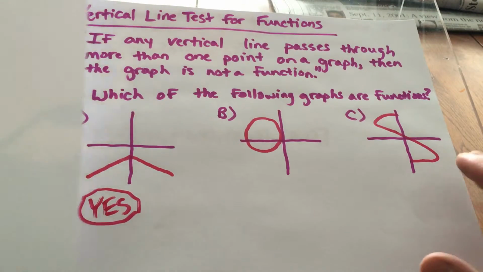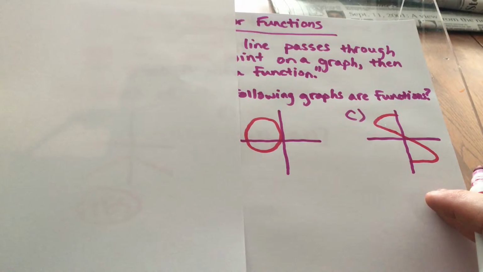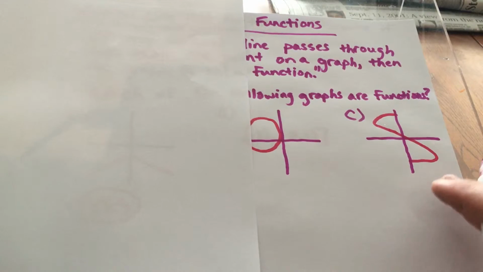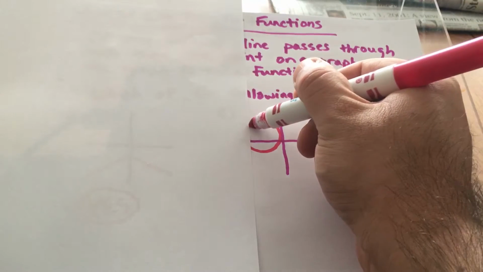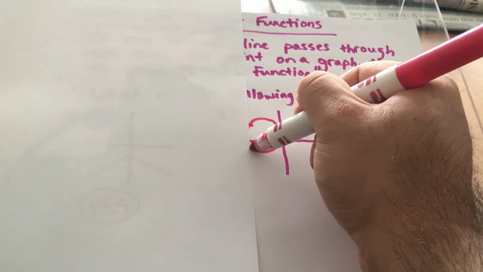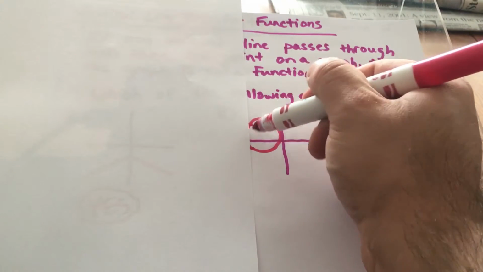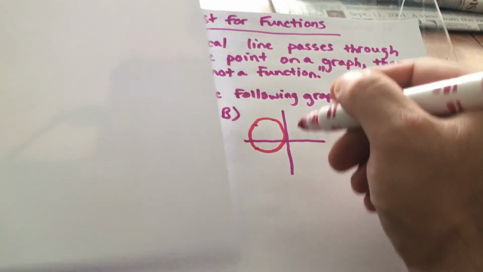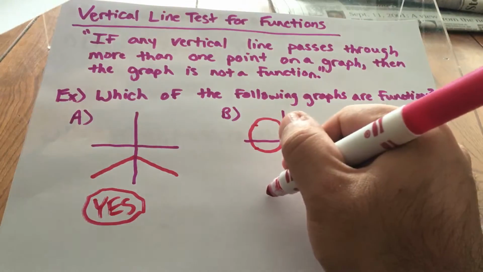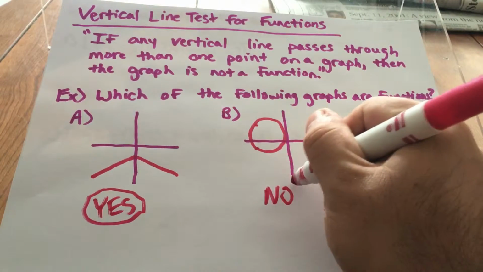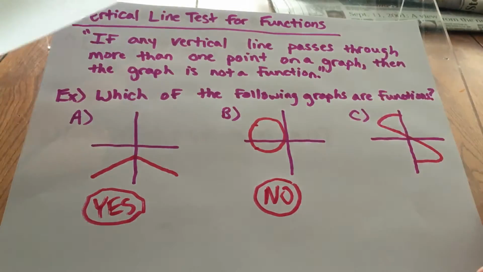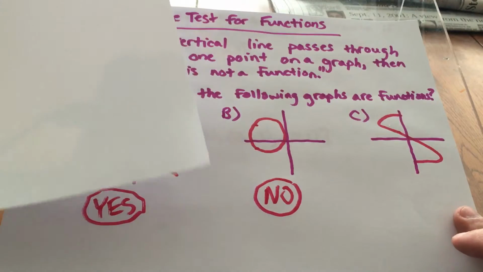Okay, do the same thing for B. If I take my little paper and I slide it, and boom, right here immediately on this circle it touches right here, and it touches right here. It's touching this line in more than one place, so that means it fails the vertical line test, and we say no, this is not a function. Okay, look at the third one.